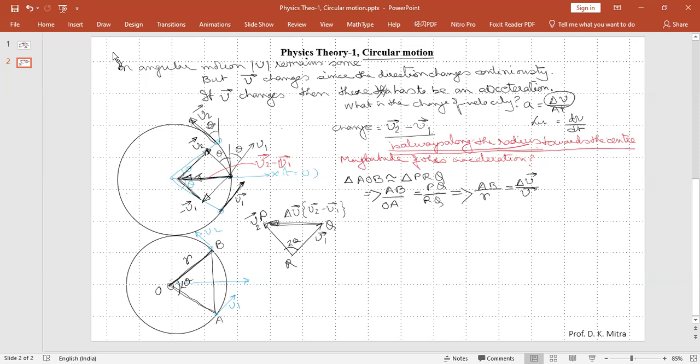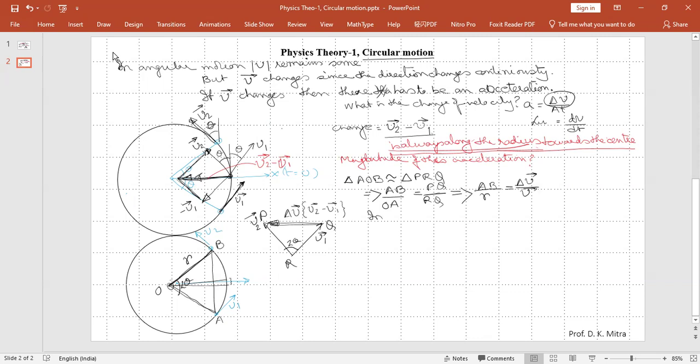But when we actually measure acceleration, or velocity, or any physical parameter, we have to measure it in a very small time interval. This is the method of measurement. That means we have to measure it in the limiting condition when theta is almost zero.